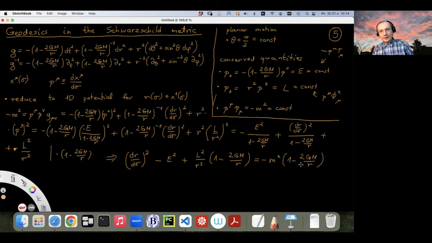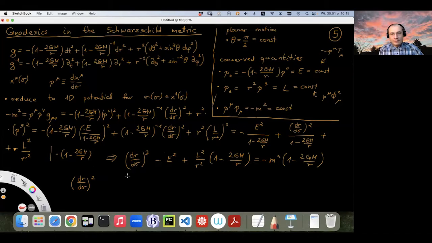Okay, we're almost there. Now the next step is simply to bring everything onto the other side, and also multiply these things with respect to each other, and we get dr over d sigma squared. This derivation, by the way, works for massive particles with m positive or the massless ones, m equal to 0.